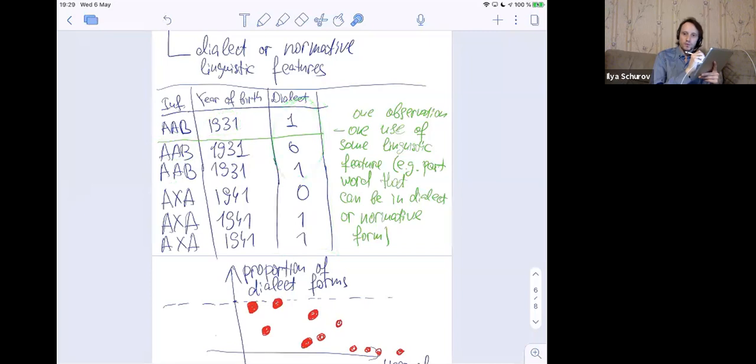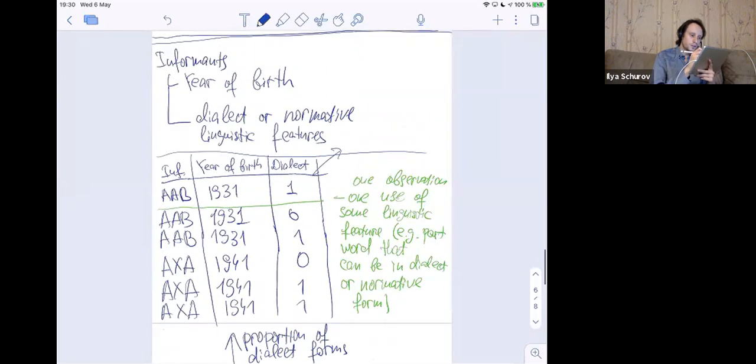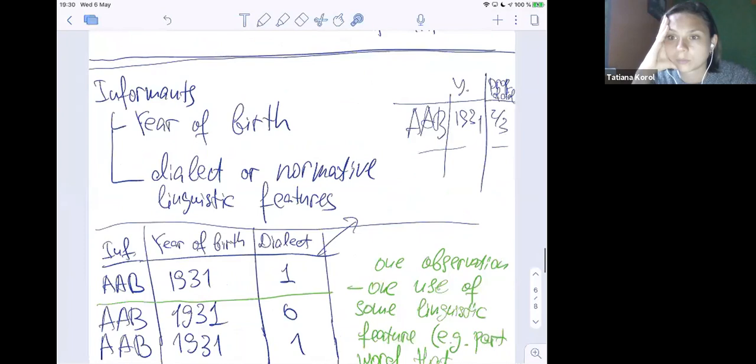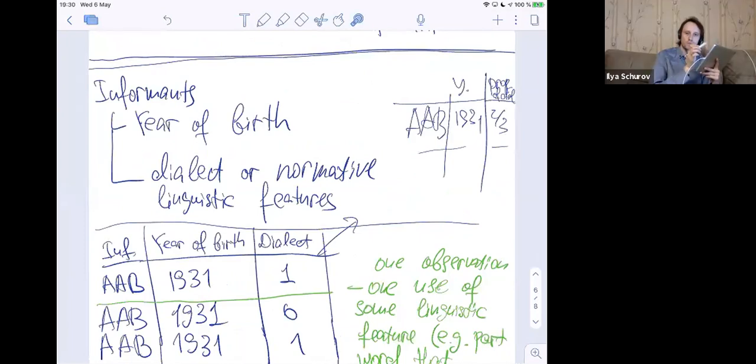So I can transform my table into a table with A, B here, and here it will be the proportion of dialect forms, for example, 2/3, and so on. And then I can use linear regression, where I use this variable as my dependent, left-hand side variable, and this variable as independent.